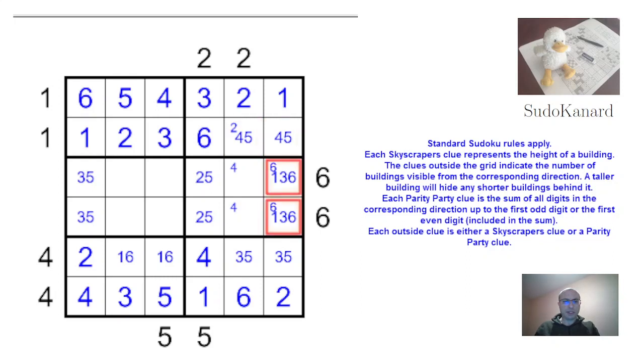So there's no 1 here, so there has to be a 1 here. Oh yes, there's a 4 somewhere there, so that's a 5, that's a 4. That's 5, that's 3. And there again, those two rows can't be disambiguated. I must find something.